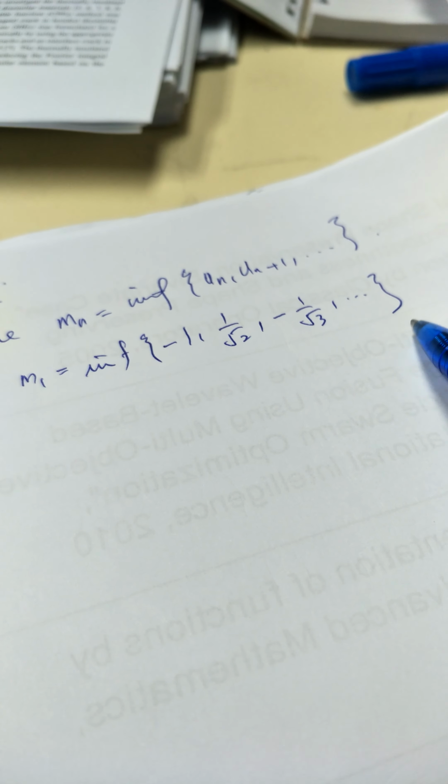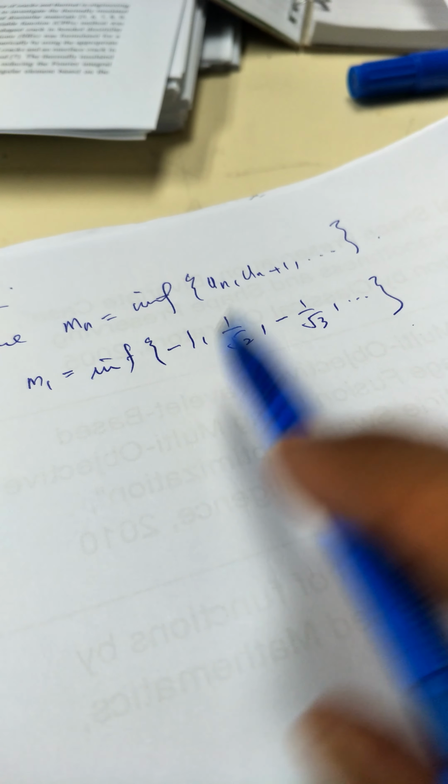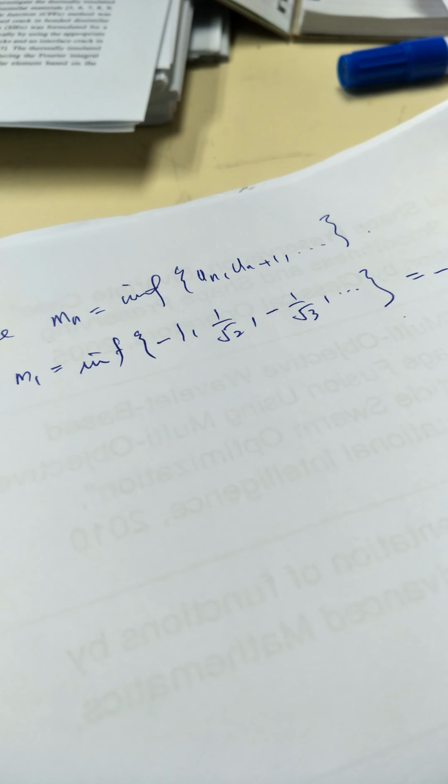Then we find m1 from the infimum of minus 1 over sub 2, minus 1 over sub 2, minus 1 over sub 3 and so on. So the greatest lower bound in this case is minus 1.